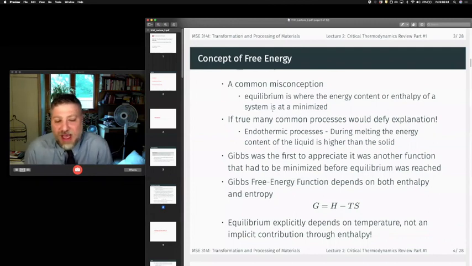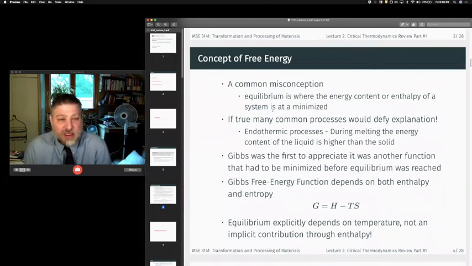Any endothermic processes wouldn't be able to happen. So if we think about melting ice cubes in a bowl of water, the enthalpy content of the liquid is higher than the solid. So if we just think about equilibrium in terms of energy and enthalpy, that would not be sufficient to explain where the equilibrium is.